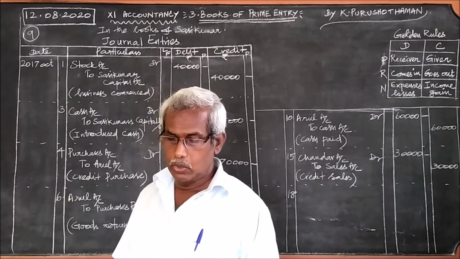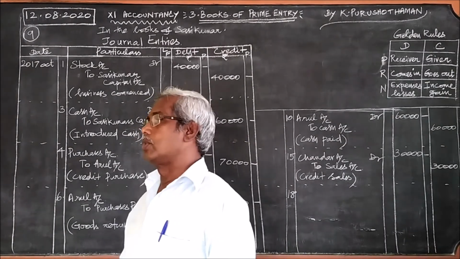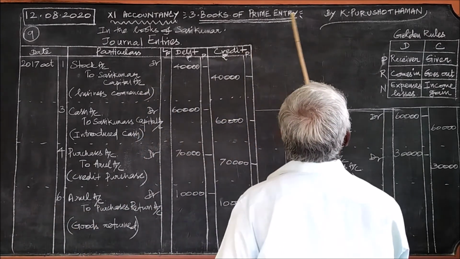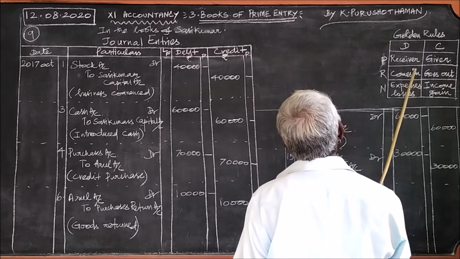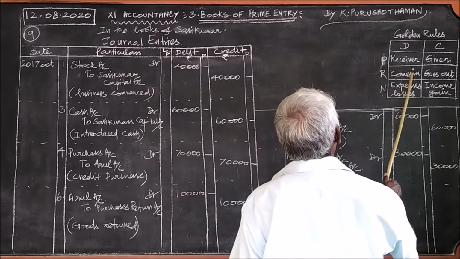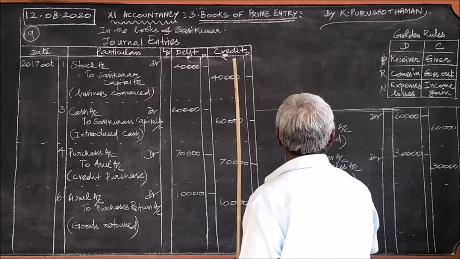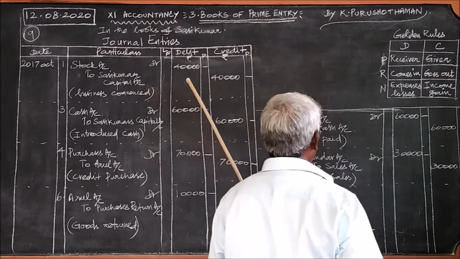We have already sold goods to Chandar. Now Chandar returns goods. Therefore, is there any receiver? No. What comes in? Goods come in. And therefore here should we write the goods account debit? No, it is not permitted.